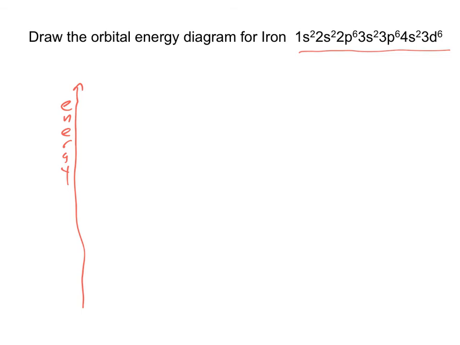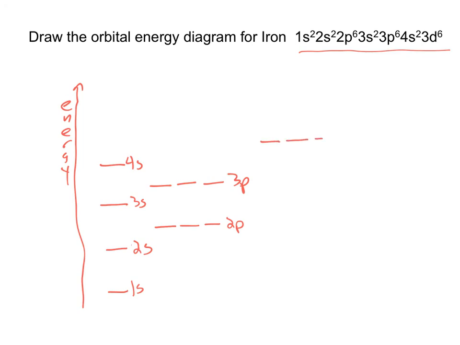And then we start with the 1s orbital again. Then the 4s comes next in energy, and then the 3d's are going to be higher than that.